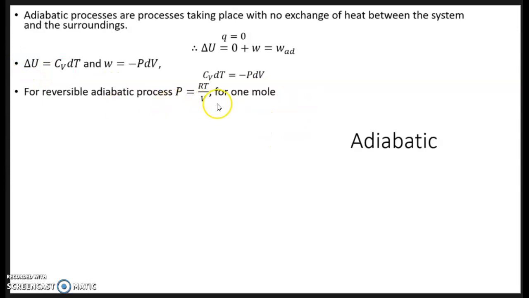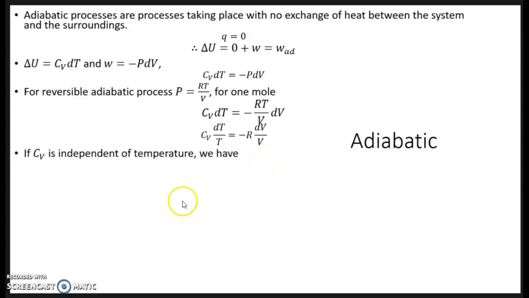If we consider P as RT over V, for 1 mole, and put it in the equation, we have Cv dT equals minus RT over V dV. Rearranging the equation to put like terms together, T comes to this side, and then we have Cv dT over T equals minus R dV over V.